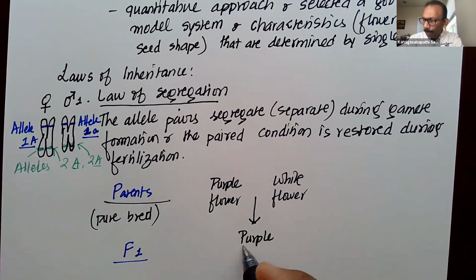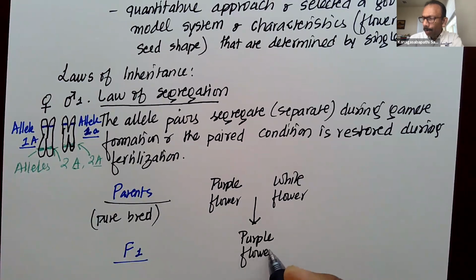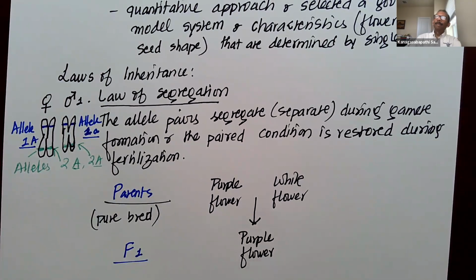purple flower. Okay. So this itself shows there's no blending going on. If the blending is going on, you will get a lighter purple, not the regular purple color. And that didn't happen.